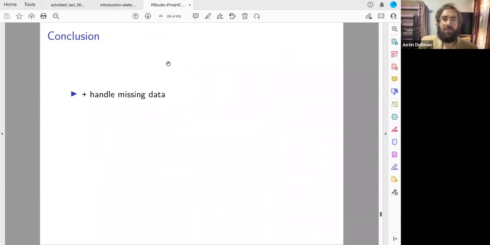Then, super fast, by way of concluding bullet points, something I didn't talk about is that the tree handles categorical data in a really intuitive way, and that extends to handling missing data. One thing they don't mention in the book is that it can do variable selection.